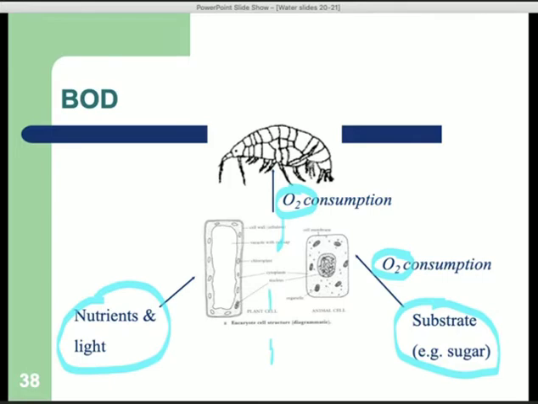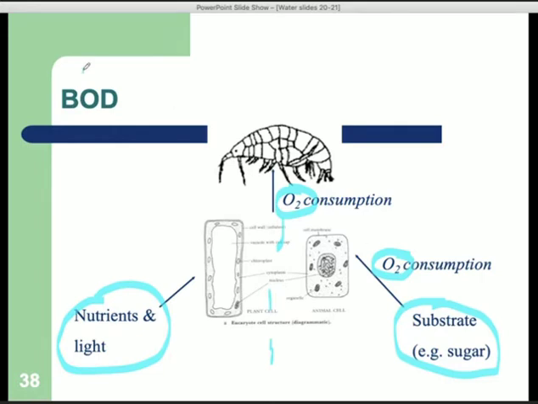So that's what happens in the wastewater treatment plant, but that also happens out in the wild. If I add lots of food, nutrients, and substrate into a river, and if there is oxygen in the river, then if there are bacteria in the river, they will do exactly this. They will eat the substrate and consume oxygen. So they take in oxygen and they release carbon dioxide.